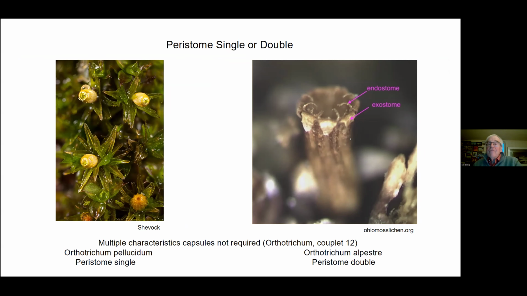I'm not quite sure what the advantage of having these two different kinds of teeth is, but leave that up to Mother Nature. I couldn't get a really close view of Orthotrichum pellucidum to see whether or not there were teeth inside there. You're just going to have to take my word for it that there's a single circle of teeth there.